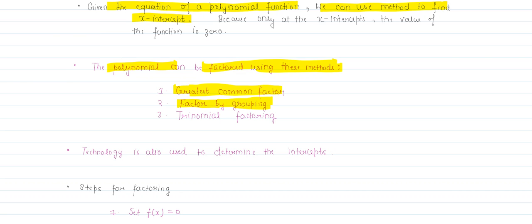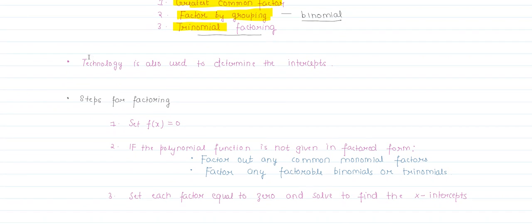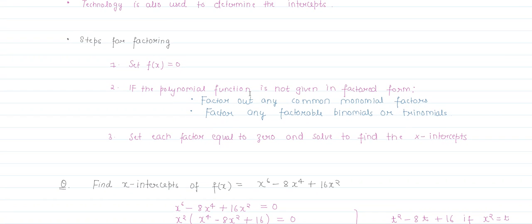We find binomials and try to factorize them, and if there is no binomial, then we find trinomials and try to factorize them. We will see this in the examples. And of course, we can use technology. There are many online software tools available to find the x-intercepts of any polynomial function.